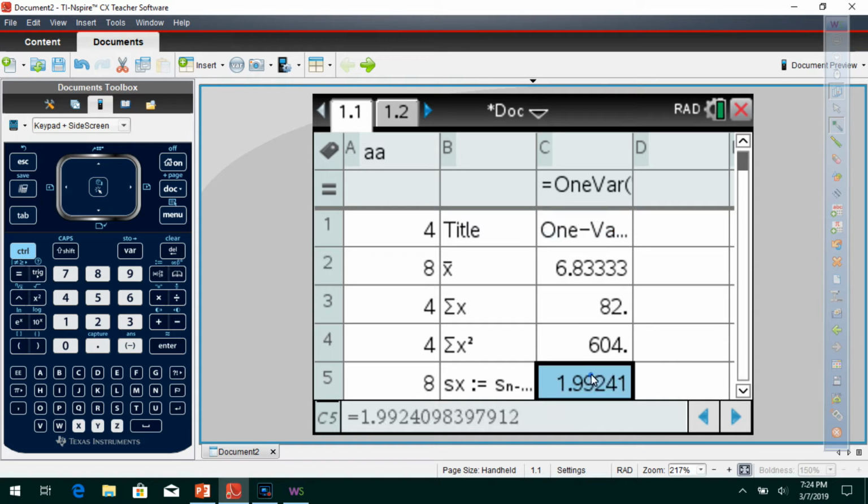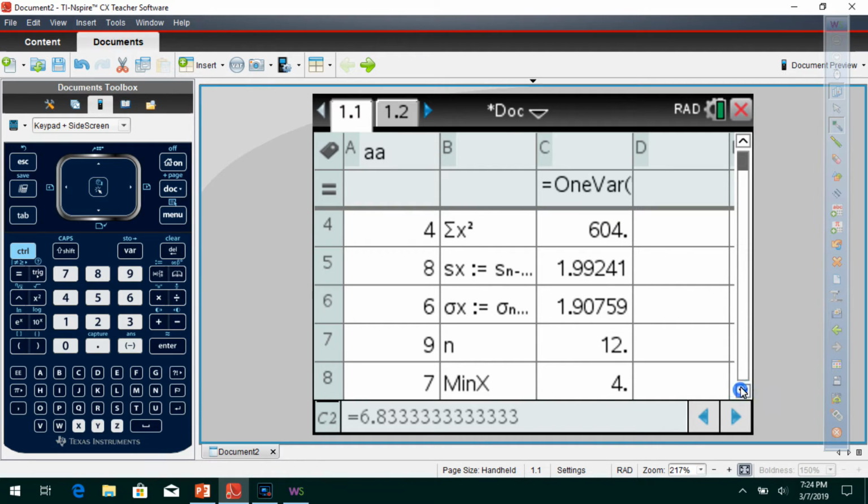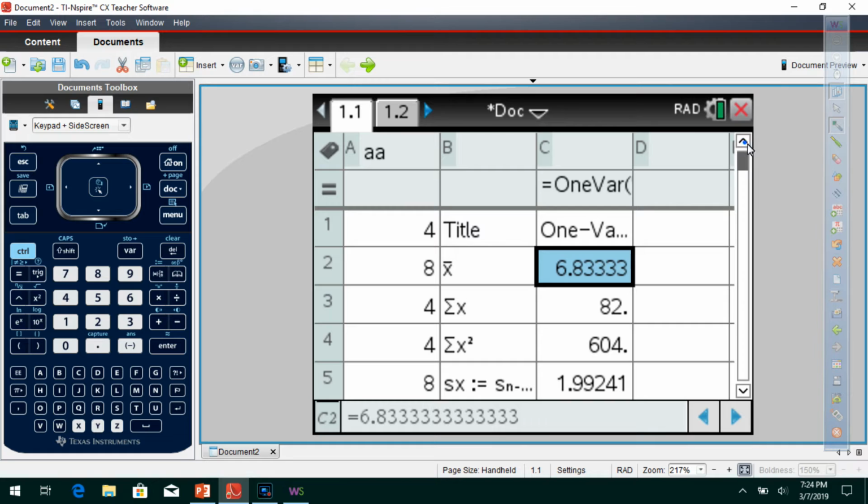It rounded right there, but if you click on it, it doesn't round. It gives you a few things. Now, there's a couple ways we can go from here. I'm going to show you a nice, easy one.